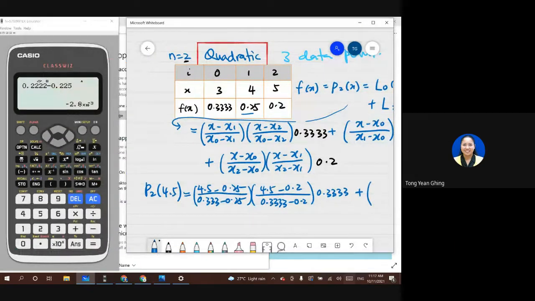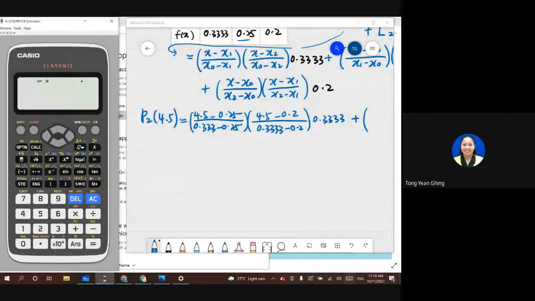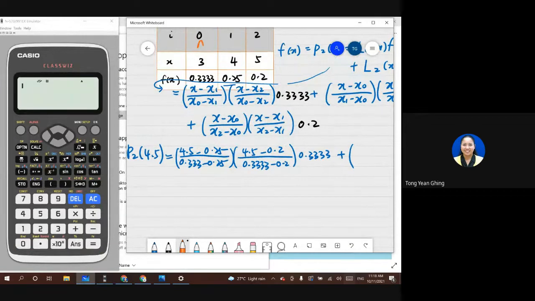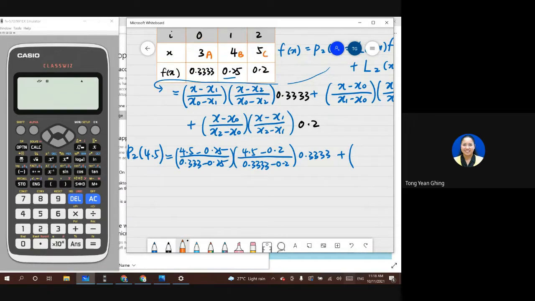This one, I will use the calculator. This is a, this is b, this is c. Okay, and then x is 4.5.